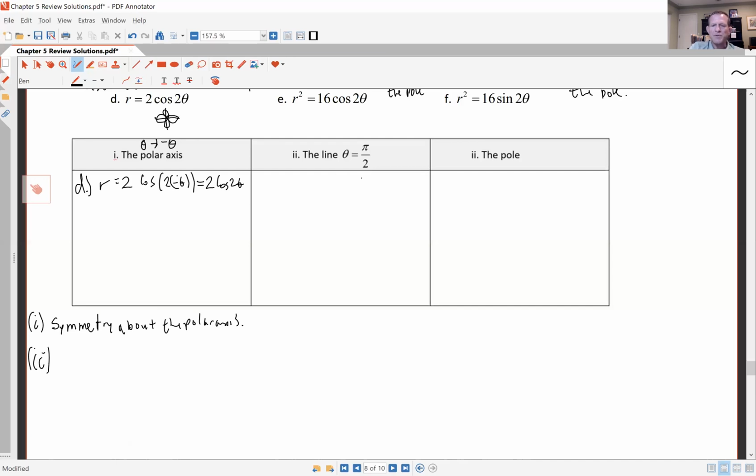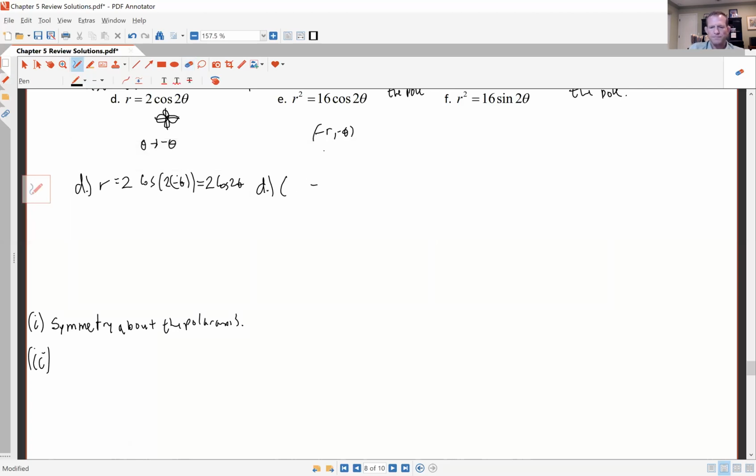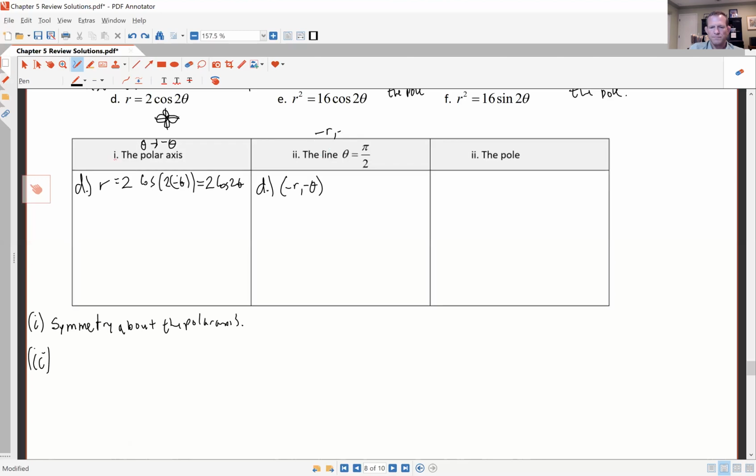To check for symmetry about the line theta equals pi over 2, we replace r with negative r, theta with negative theta. I looked at the wrong one, I'm sorry.